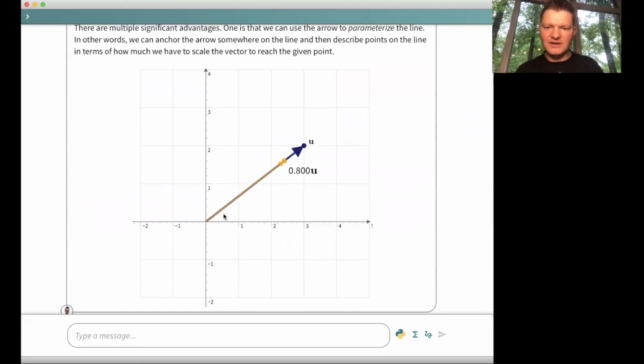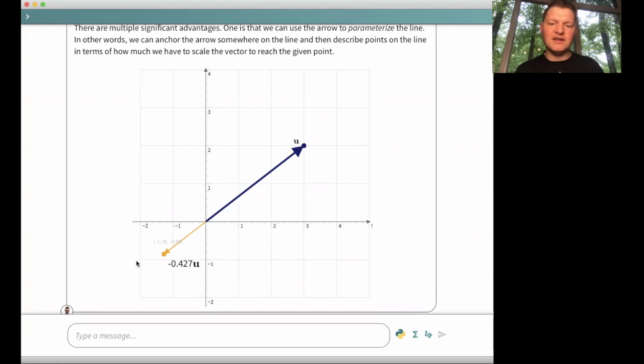For example, if we describe this line that goes through this big blue vector in terms of the blue vector, then we know that this vector is 4/5 of this one. That gives us a one-number name for this point, a way to describe where it is in terms of a single number. The 0 point is down here, the 1 point is up here.